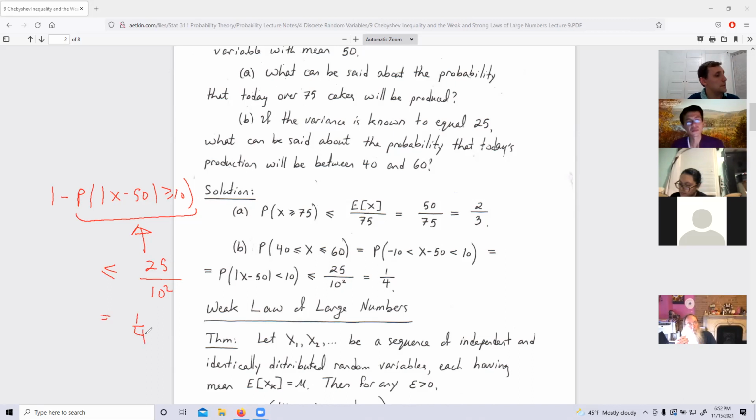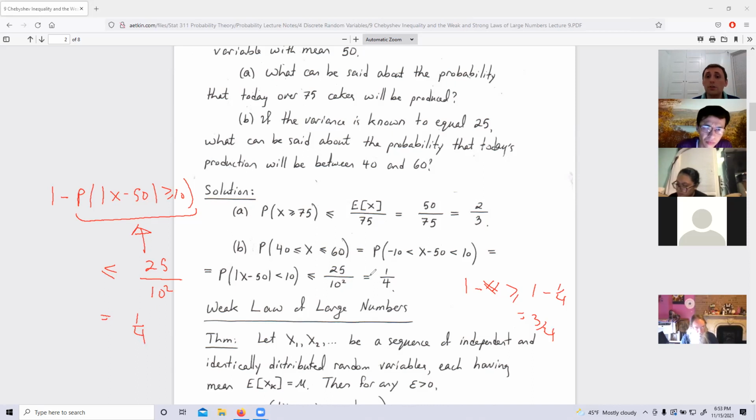So that means that 1 minus this is bigger than or equal to 1 minus 1/4, which is 3/4. So the probability that less than 60 and more than 40 cakes will be produced is bigger than 3/4.